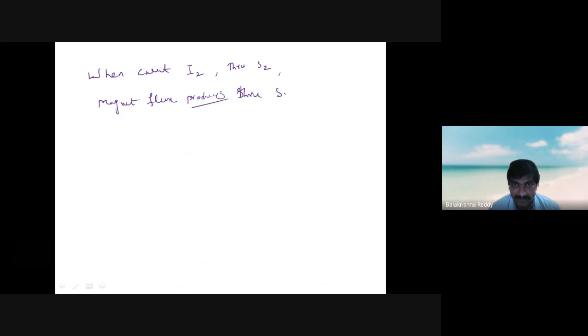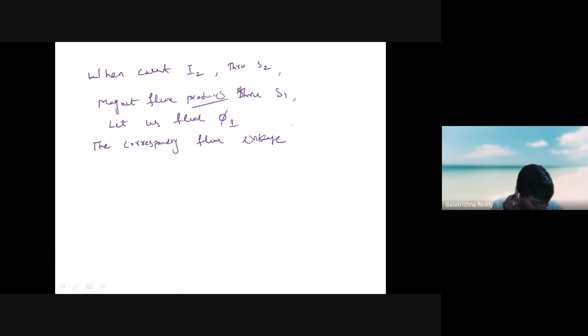Now, what happened? This flux, let us call it phi 1. Whatever flux is linking with S1, we are calling phi 1. Now, the corresponding flux linkage: I am telling you, linkage is always important.